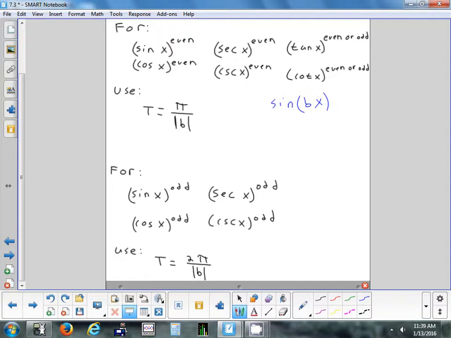Okay, so any questions on how you find the period of any integer power for any of the 6 trig functions? Right, so you could tell me, oh, I have cosine to the 60th power. Well, I already know the period is pi over b, because 60 is an even power.